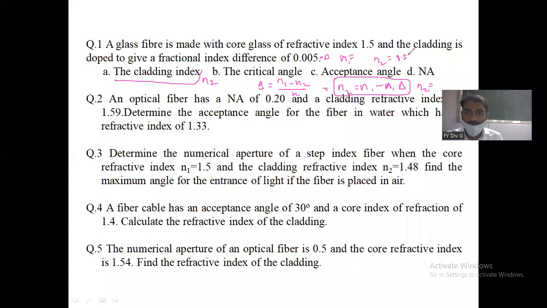N2 is equal to 1.5 minus 1.5 into 0.005.